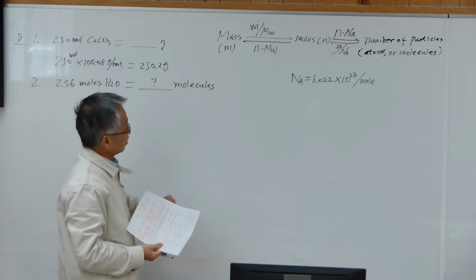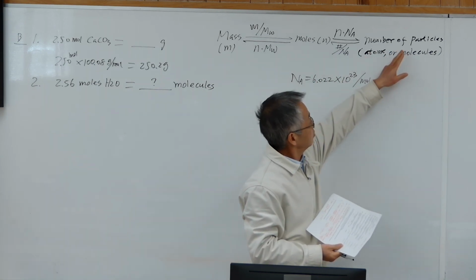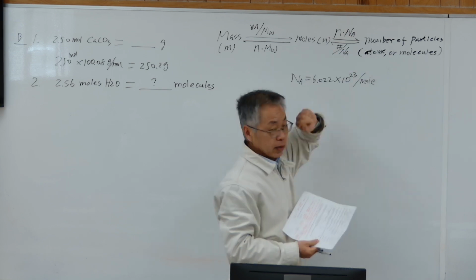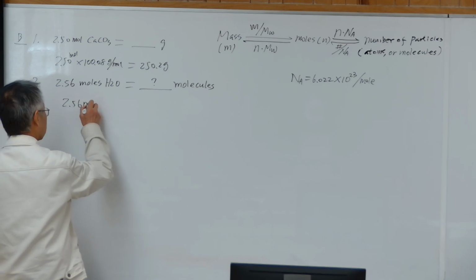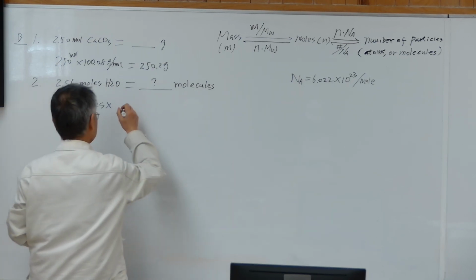So this time they tell you moles and ask you how many molecules. Right? So moles multiplied by Avogadro number. 2.56 moles multiplied by this Avogadro number.